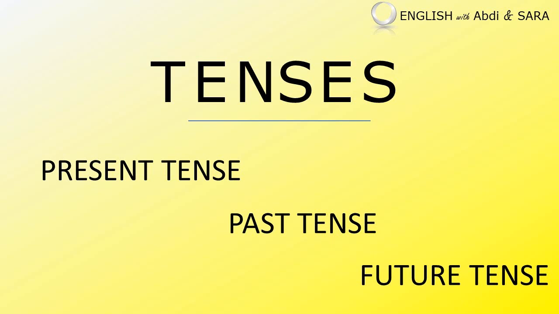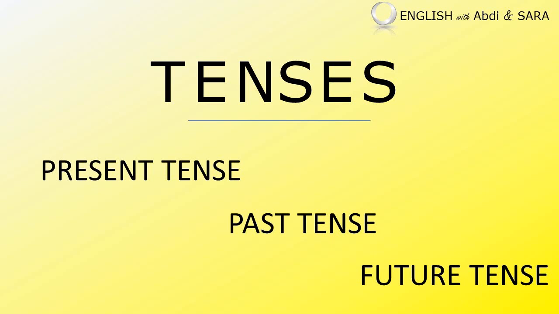Otherwise, sometimes we can do things in the present time or in the time that we are speaking. So these kind of sentences, we call them present tense. Sometimes we do the action or we plan to do some actions in the time which has not yet arrived. These are called future tense.